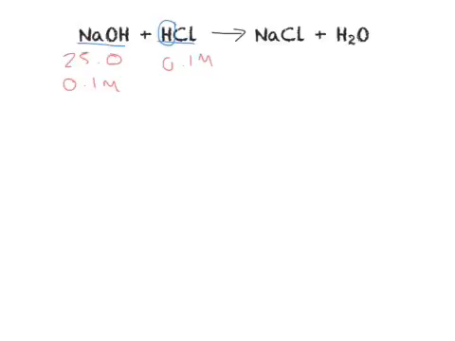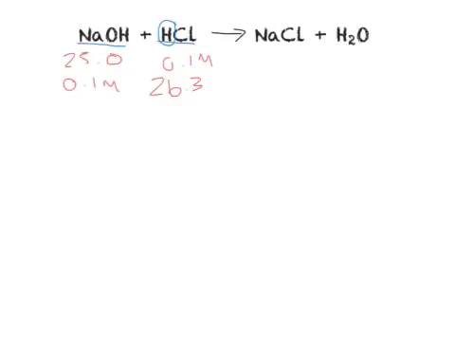Sometimes the acid can be in excess. In this case, the calculation is a little easier. So let's take that other titration, but this time let's have 26.3 centimetres cubed of that 0.1 molar HCl being added to the flask.